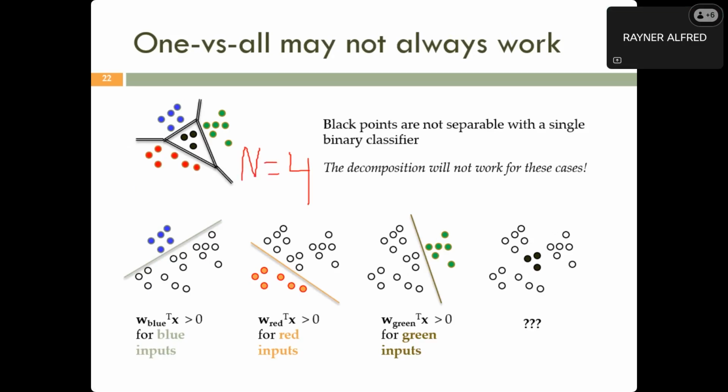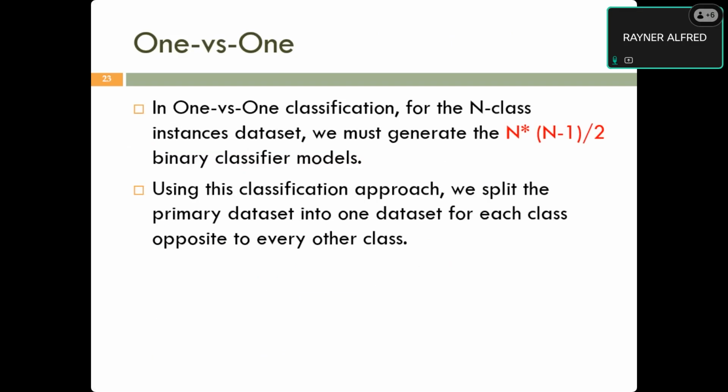Based on this approach, 1 versus 1, if your n is 4, you must have 4 times 3 divided by 2.